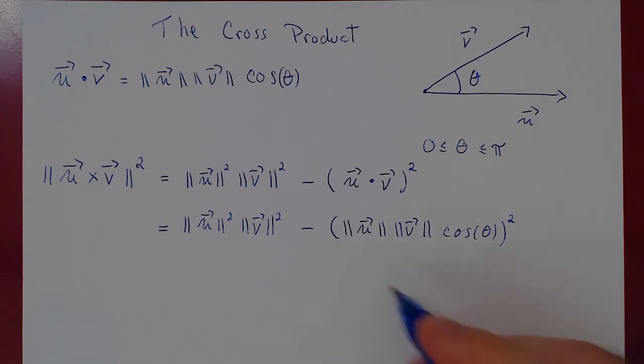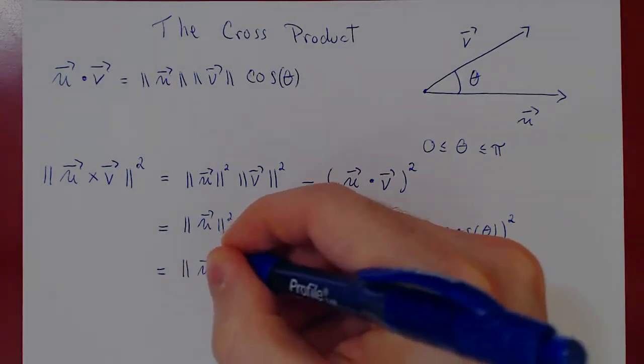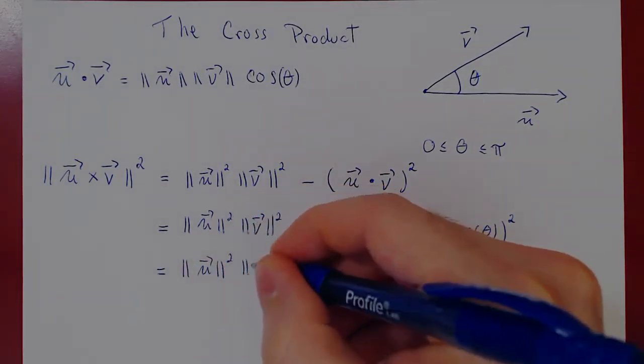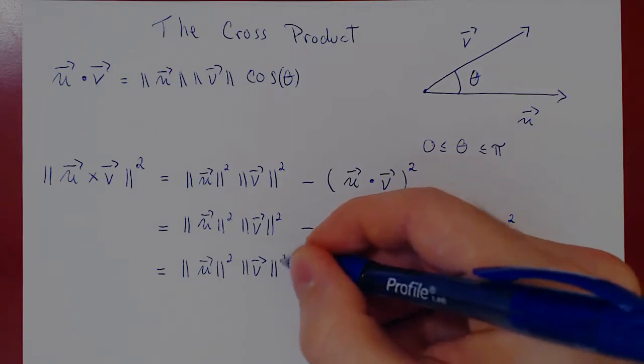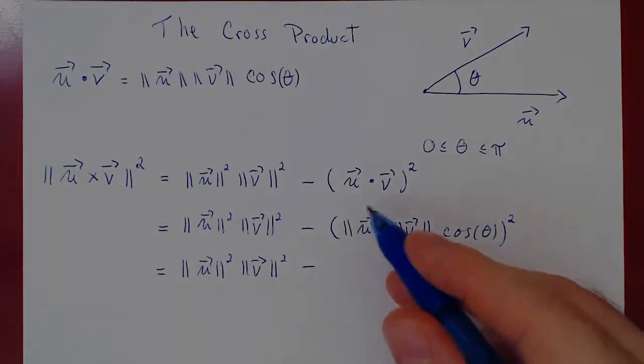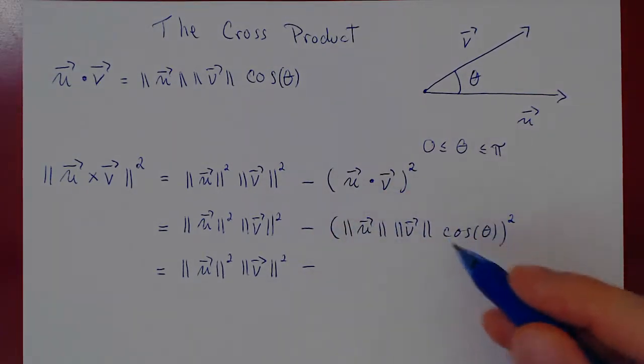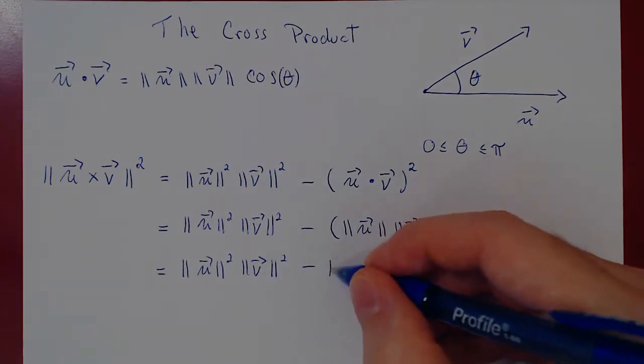The whole expression is squared, so we can square the three terms individually. We'll have the norm of u squared times the norm of v squared minus norm of u squared, norm of v squared, cosine squared of theta.